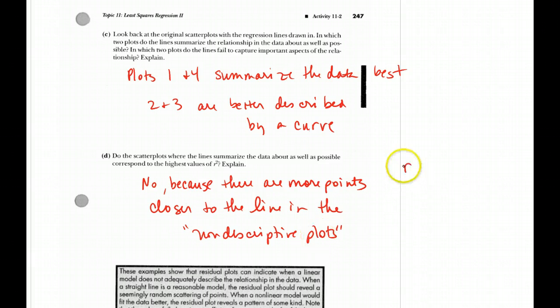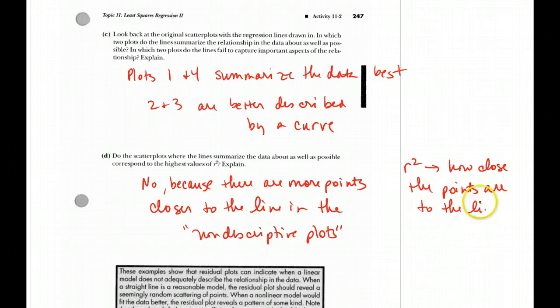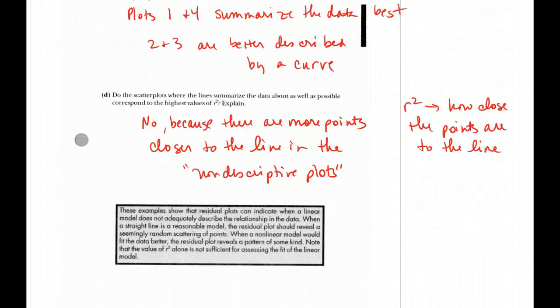So what you want to remember here is that R squared is how close the points are to the line. Okay? All right. That's the percentage. It's also called the percentage of variability. That's a topic 10 concept.